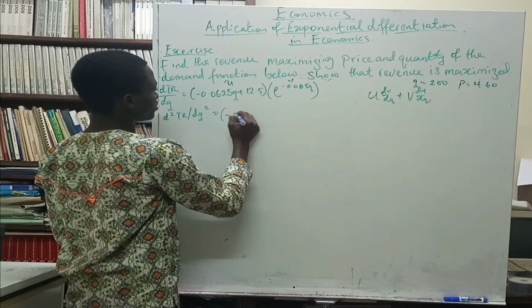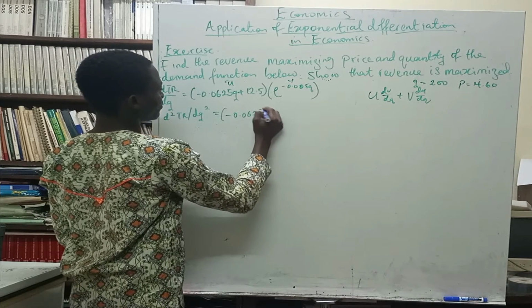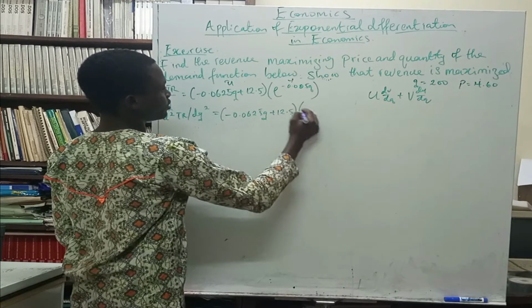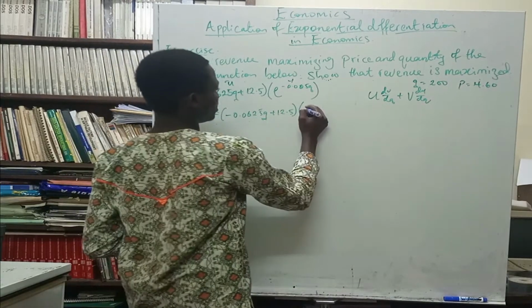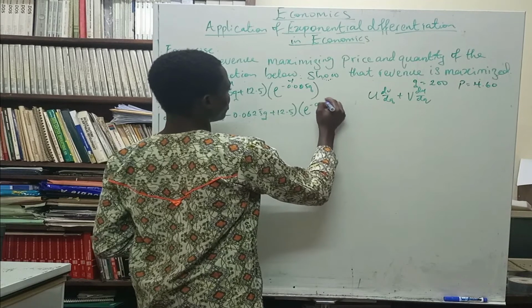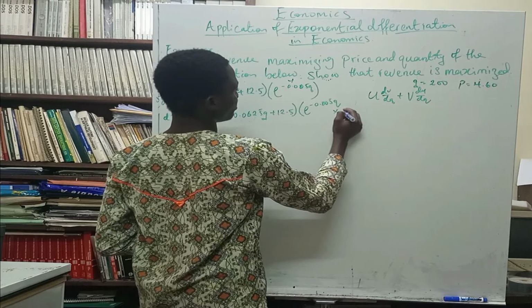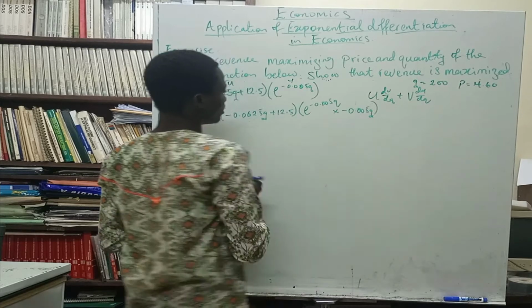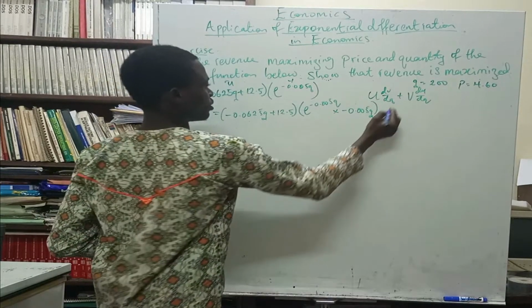So U is going to be, write the whole thing again, minus 0.0625 Q plus 12.5, into brackets, this is going to be e raised to power minus 0.005 Q multiplied by minus 0.005. Okay, we are done with that. Plus, what is V?